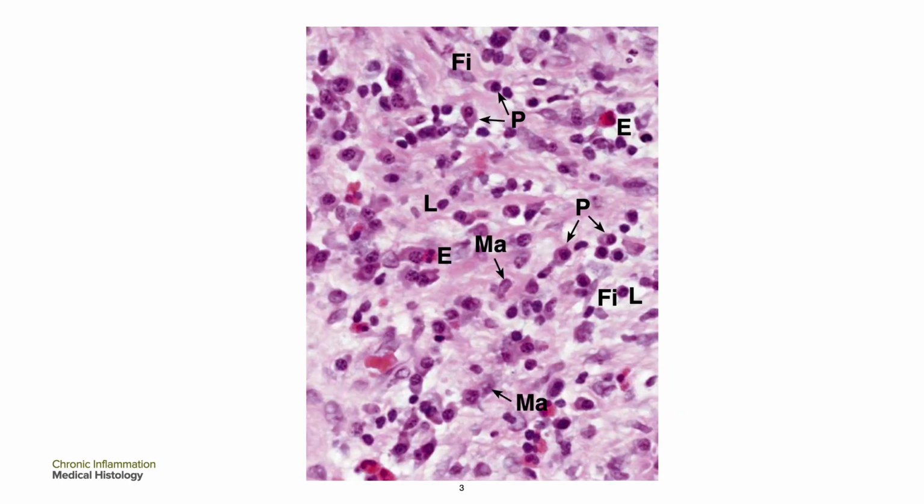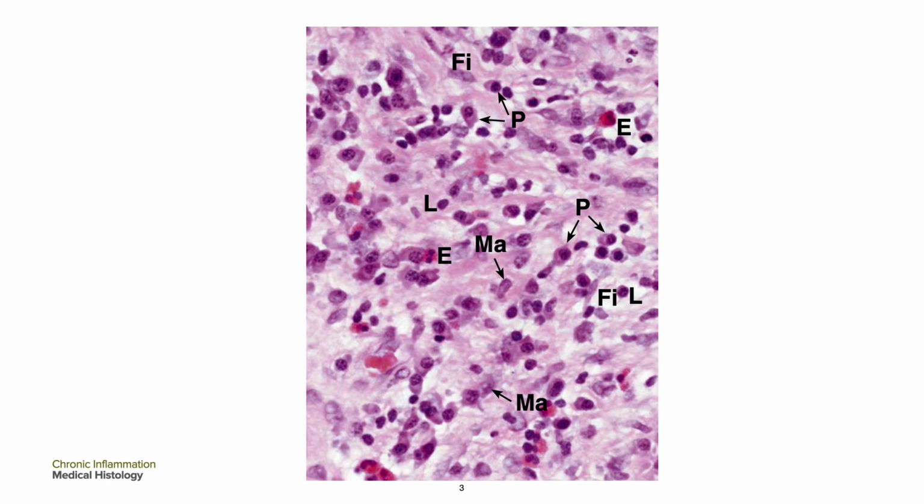These are the cells in chronic inflammation at high power. In this figure, you will see the plasma cells, P, identified by their amphophilic or purple cytoplasm and eccentric clock-face nuclei. The plasma cells here are differentiated B lymphocytes that are committed to antibody production.